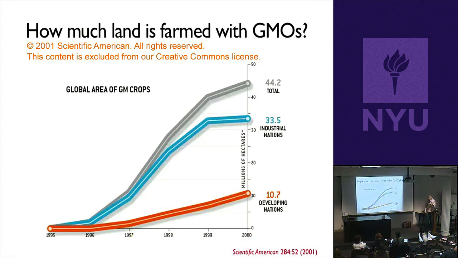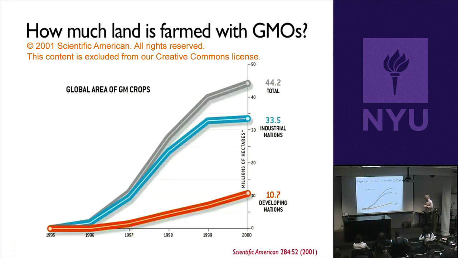So this is where I think the really surprising statistics start, and that has to do with how much of the global food supply actually is genetically modified. This is a chart showing just 5 years, from 1995 to the year 2000, how much, in terms of total area planted, was genetically modified organisms.